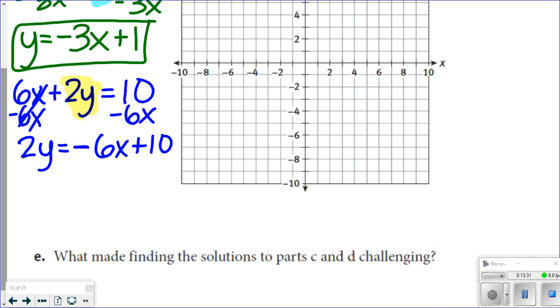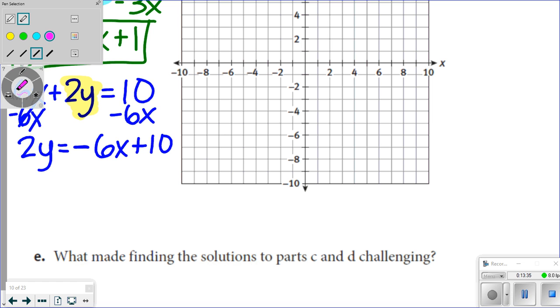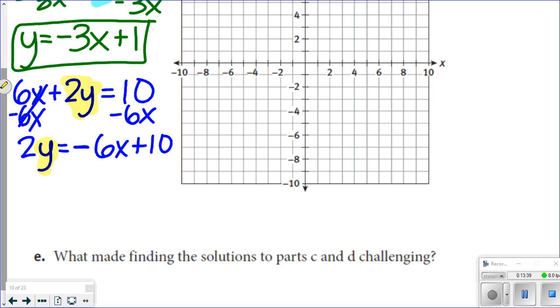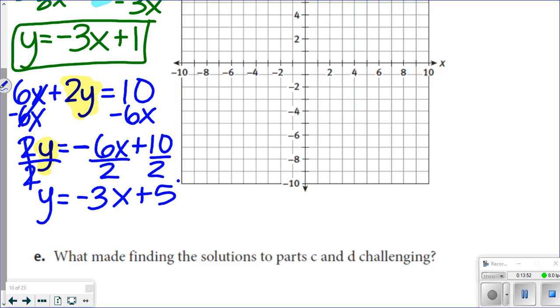Now I want the y by itself, so that means I want to divide both sides by 2. These cancel. y equals negative 3x plus 5.